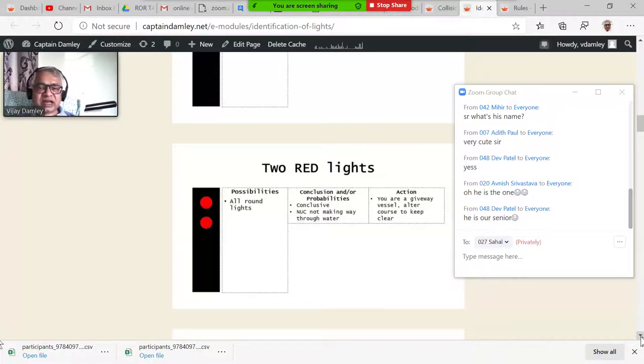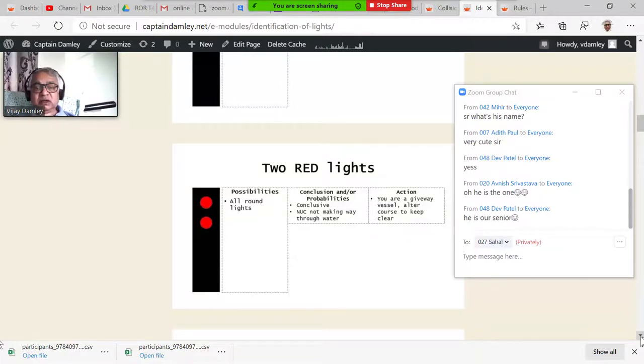The rest of the colored light combinations are all-round lights. It doesn't make any difference for our decision making, but they are all-round lights. Conclusive, why? Because it is a two red light combination, only two red lights, no other lights. Whatever we have seen here, we do not have additional lights. We are talking only purely about these lights.